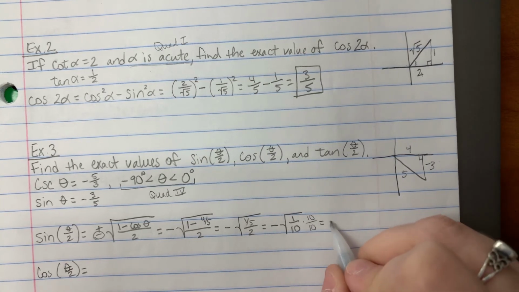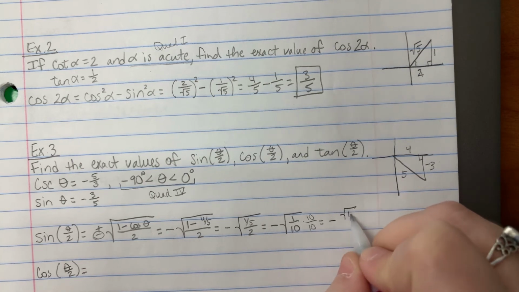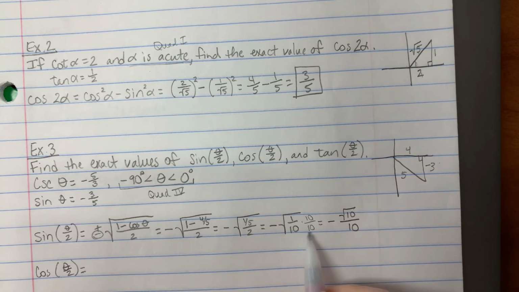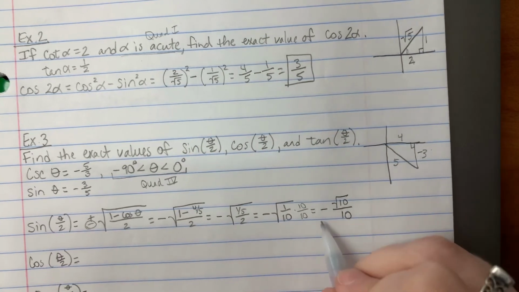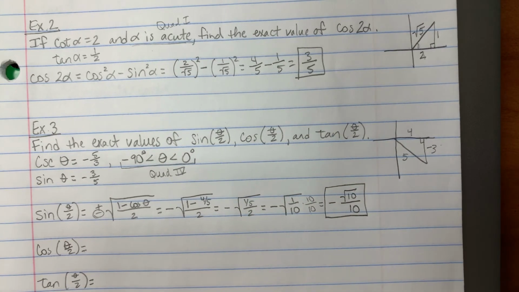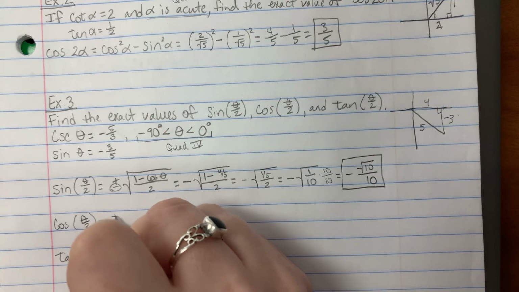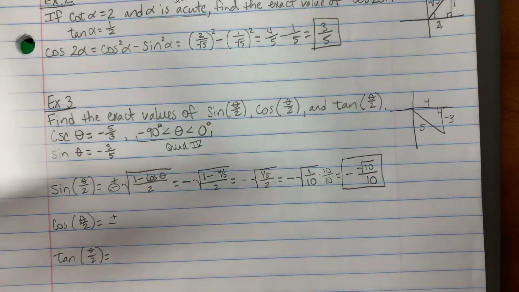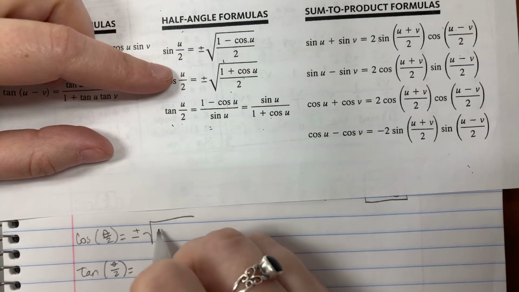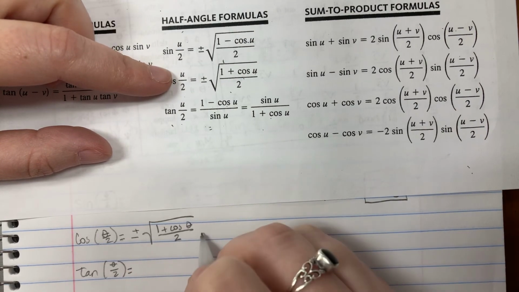So this would give me, I'm trying to rationalize that denominator. So that would give me the square root of 10 on top, but the bottom would just be 10 because that would be the square root of 100. So now I have a better looking fraction there. Okay, cosine, same situation where I have a plus minus. In this case, it's plus minus the square root of 1 plus cosine of theta all over 2.